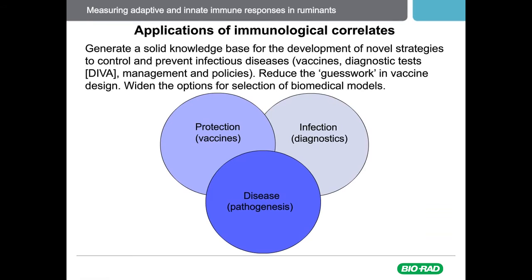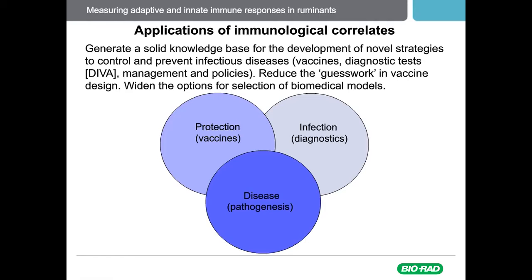So in terms of how we apply immunological correlates, what we're trying to do is develop a good and solid knowledge base for our strategies for controlling infectious diseases of livestock species.